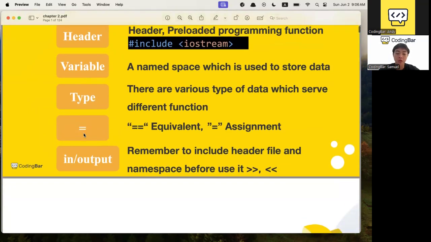And we talked about equal also. What does this equal symbol mean? It's different from what it means in mathematical form. In maths, equal means equivalent. We are comparing something in maths. But in C++, equal means assignment.